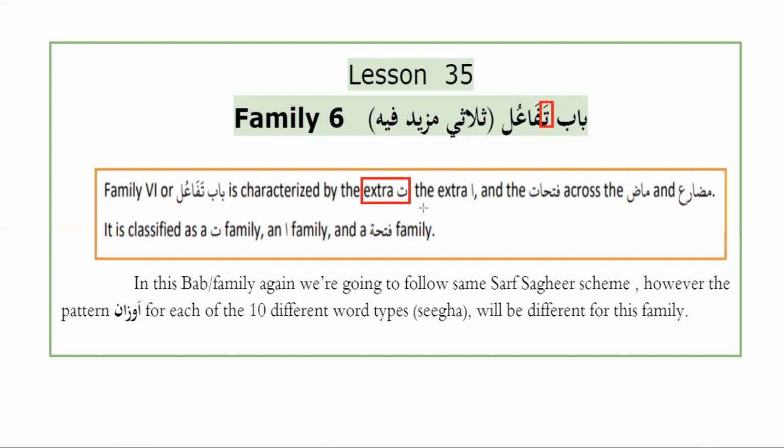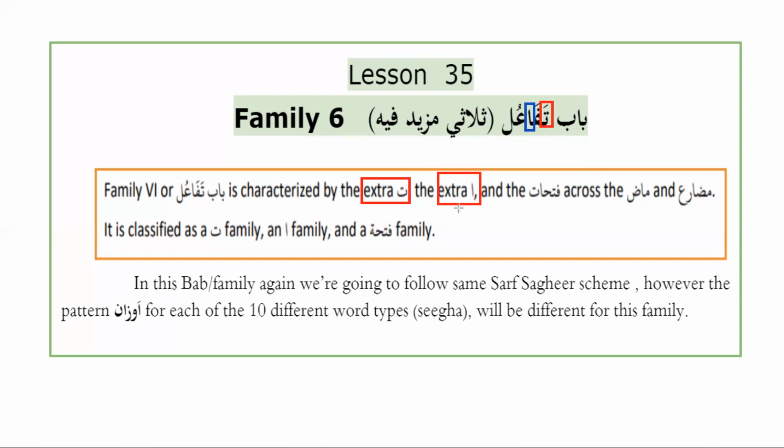Another characteristic of this family is the extra alif, or you can say extra hamza. You can see it here, in between fa and ain kalma, there is an extra alif. If you recall Bab Jahada family, Bab Mufa'ala, the third family, it also has extra hamza between fa and ain kalma.